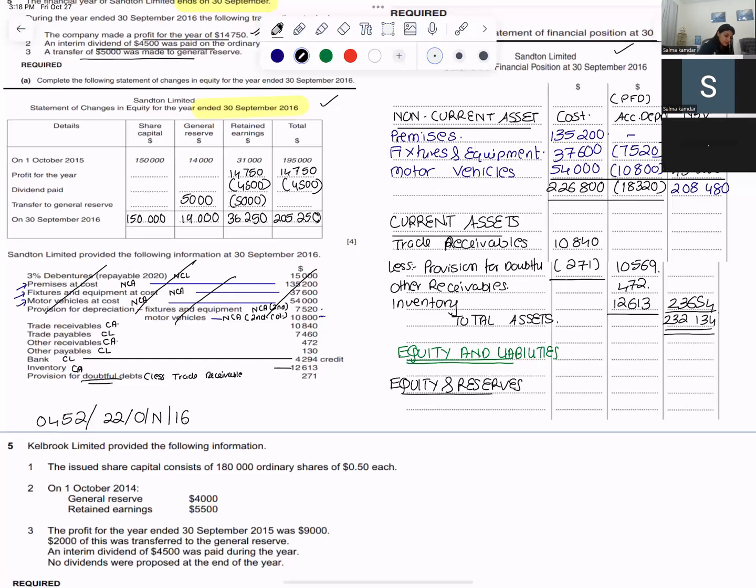After writing this, you will write 1 plus 2 plus 3: share capital, general reserve, and retained earnings. Share capital is 150,000.